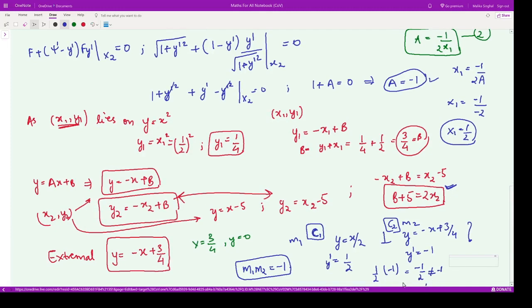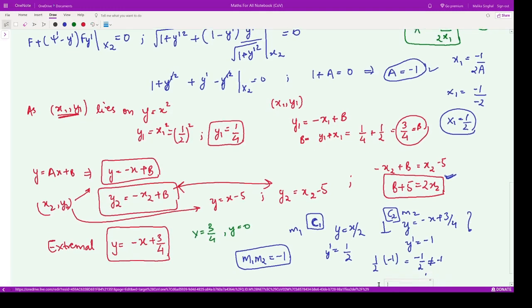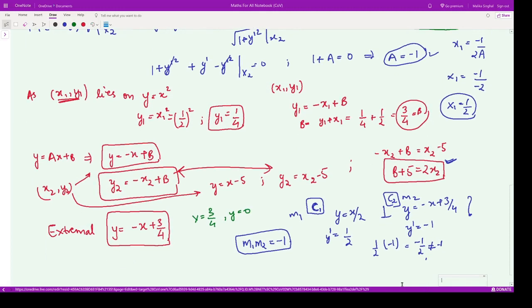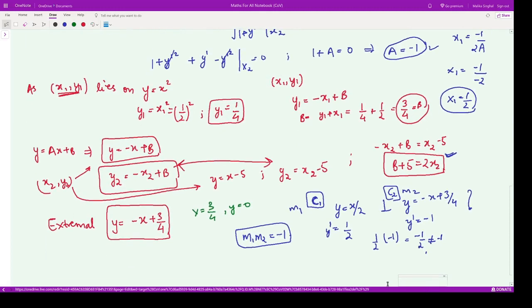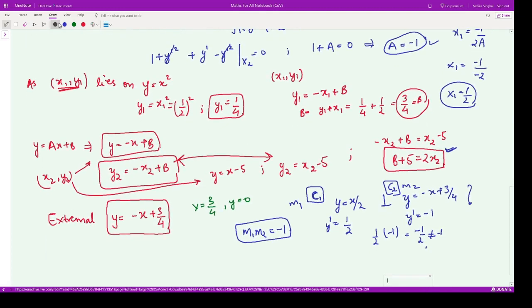Let us do that. x2 would be b plus 5 divided by 2. What is b? 3/4 plus 5/2, that would be 23/8.